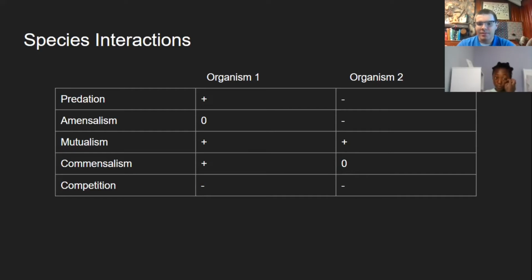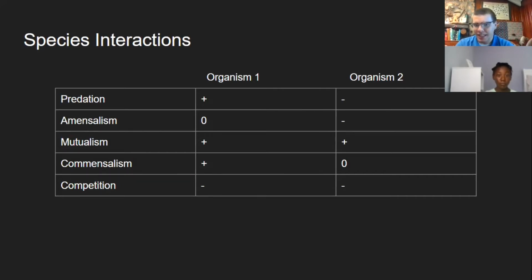You have mutualism, which is whenever both organisms gain something from the experience. Whenever I think of mutualism, I usually think of teamwork and cooperation. The animal example I can think of with mutualism is clownfish and an anemone. Clownfish usually hide in an anemone and they gain something. Oh, I'm sorry, that's commensalism. Sorry, I was getting ahead of myself. Commensalism is whenever clownfish hide in an anemone and gain protection from it.